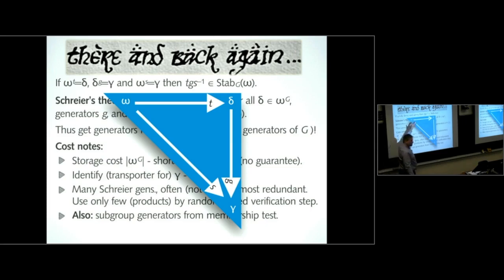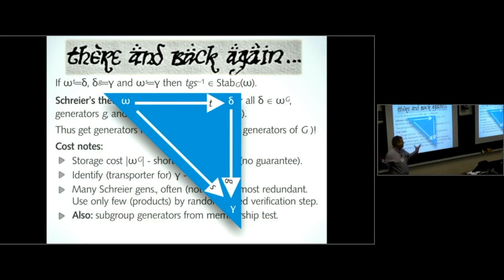Let's suppose we're calculating the orbit. We have found some element delta in the orbit, and we had found this transporter element t by keeping track that we know t will map omega to delta. We now map delta under a generator g, and we get an element gamma, and we observe, oh, gamma is not new.